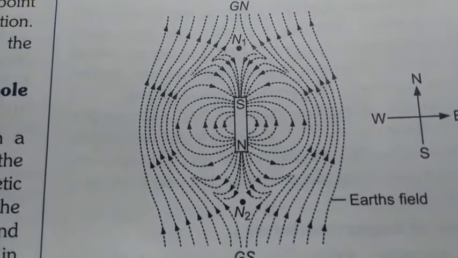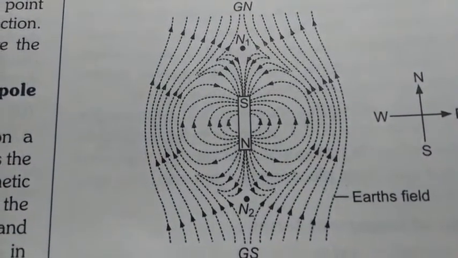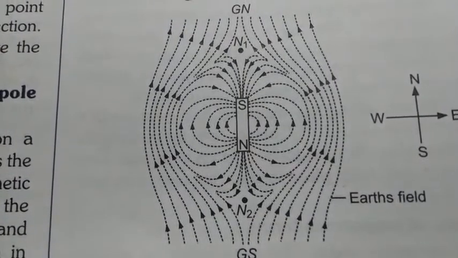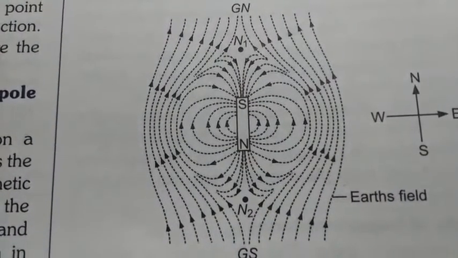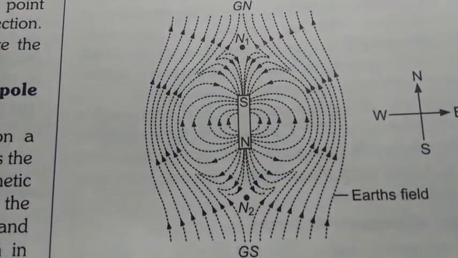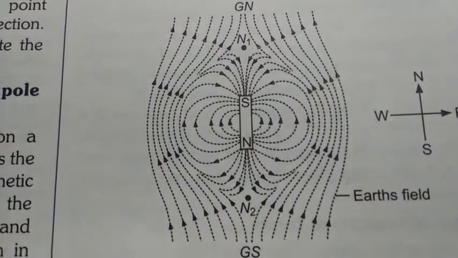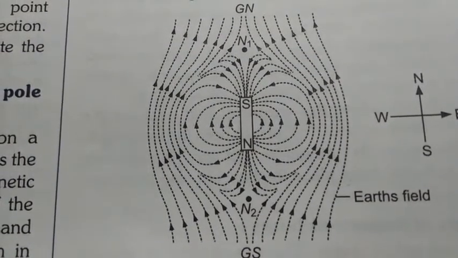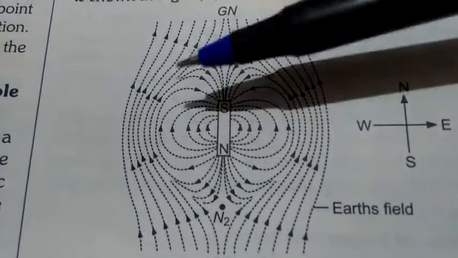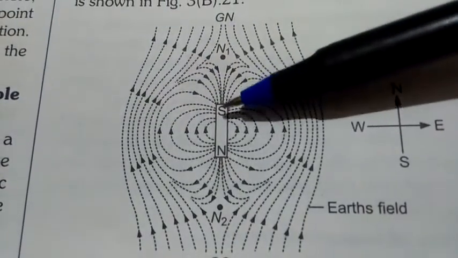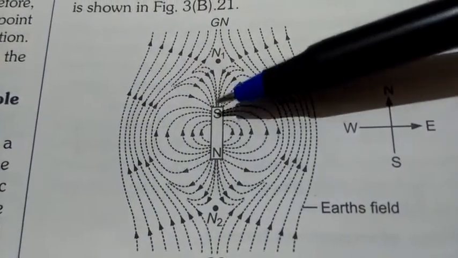But in the second case, we place the magnet in just the opposite direction, so the south pole of the magnet is pointing towards the geographical north pole of the Earth. That time you can see the pattern of field lines. Yes, they look a little complicated, but they are not.